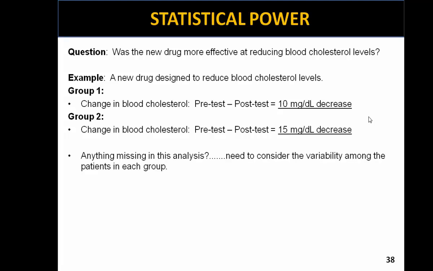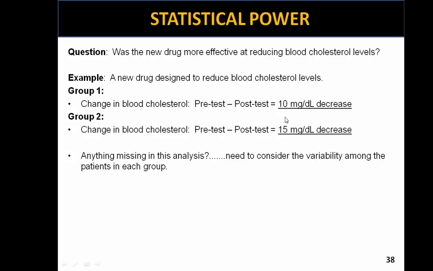Now, there is something potentially missing in this analysis. We do need to consider the variability among the patients in each group. The 10 unit decrease is the average decrease among all of the patients in group 1. 15 is the average decrease of all the patients in group 2.